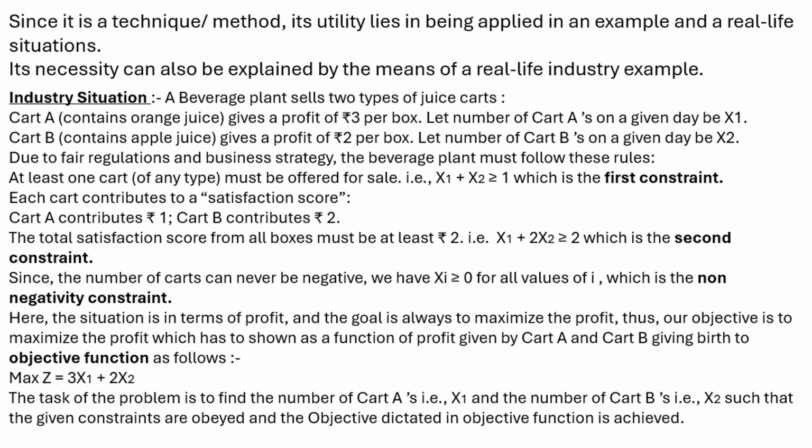Secondly, each cart must have some minimum contribution to the total profit which we are going to get on that day. The minimum contribution, here termed the satisfaction score, is that cart A must contribute at least rupees 1 and cart B must contribute at least rupees 2, and the total satisfaction score from all the boxes sold on a given day must be at least rupees 2.